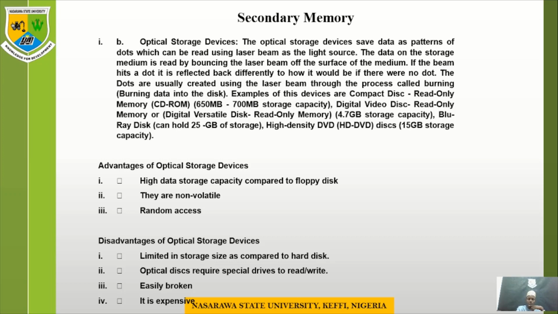It is expensive, though how expensive depends on the content. Some optical discs that have movies, a movie part 1, 2, 3, are sold for 150 or 200.